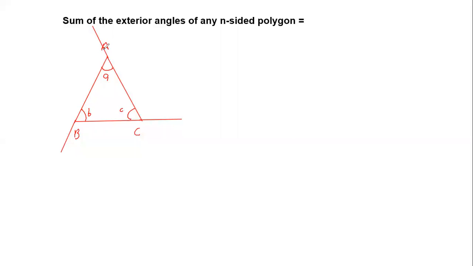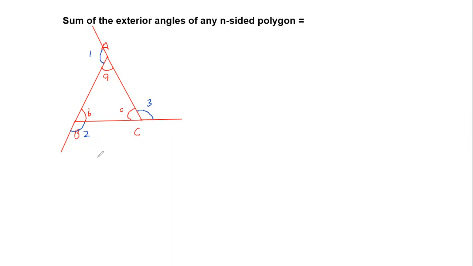And let's say this exterior angle is 1, this exterior angle is 2, and this exterior angle is 3. So A, B, C represent the interior angles and 1, 2, 3 represent the exterior angles. Now, I believe you remember the property that every exterior angle is always equal to the sum of the opposite interior angles.